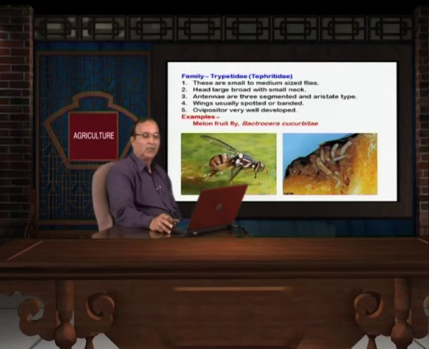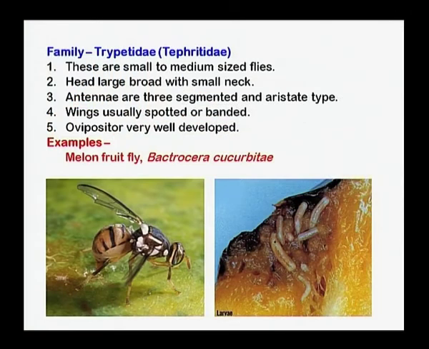One important family which is of economic importance is Tephritidae, which is also known as Trypetidae. These insects are small to medium size and commonly known as flies. Head is very large, broad, but it is provided with a neck-like structure or cervix.